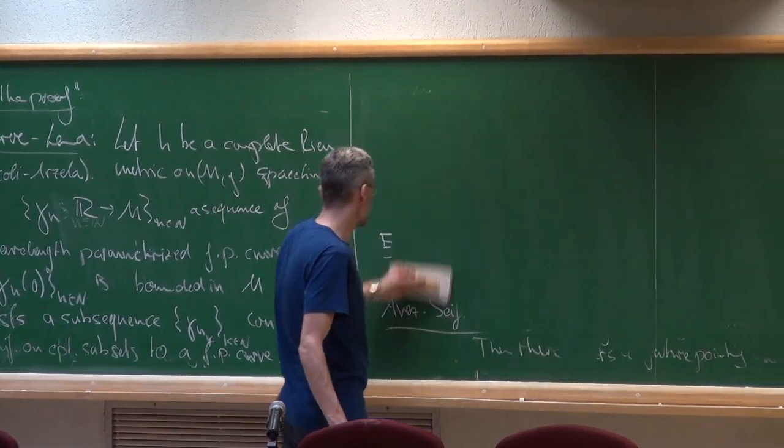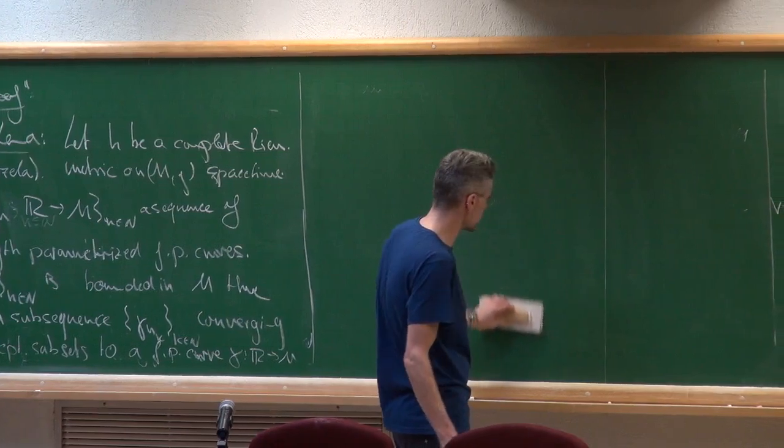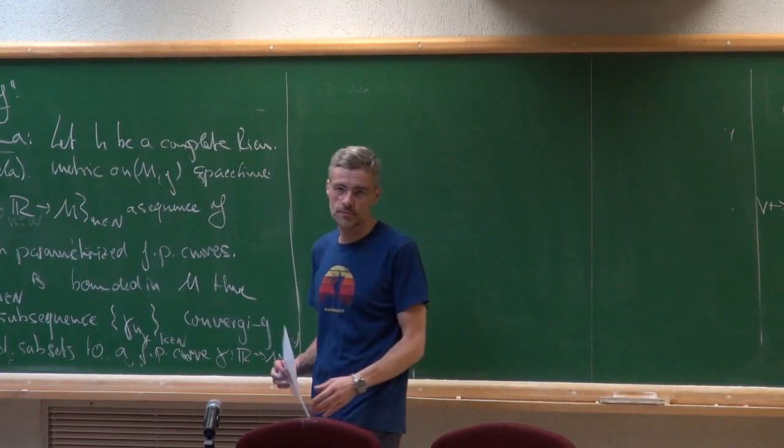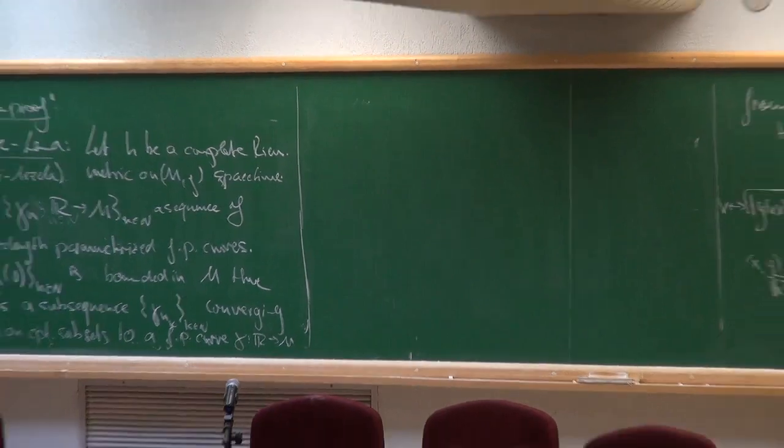I can easily extend the definition I gave you for causal curves from the C^1 case to Lipschitz curves by saying that the tangent vector that almost everywhere exists is non-zero.